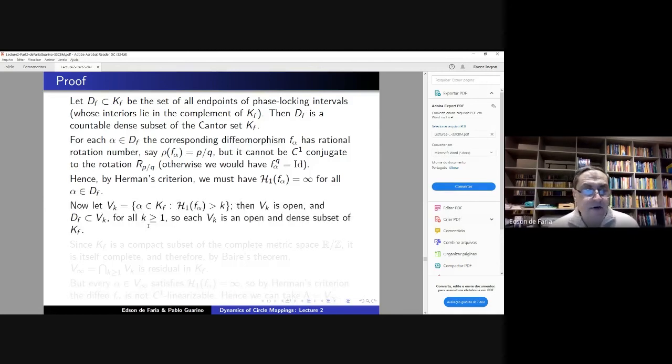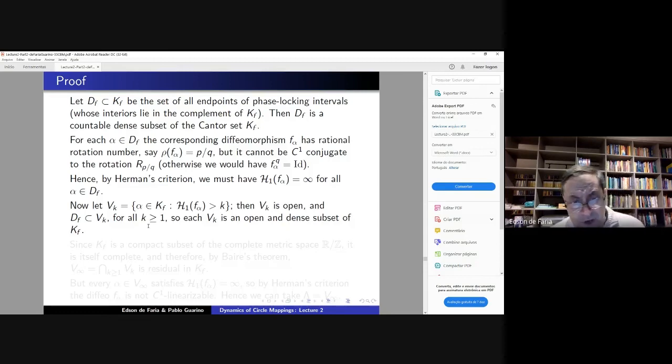So now let me define a bunch of open sets. For each positive integer K, I denote by V sub K the set of parameters inside the Cantor set K sub F that have the property that the Herman invariant of the map F at these parameters is greater than K, okay?